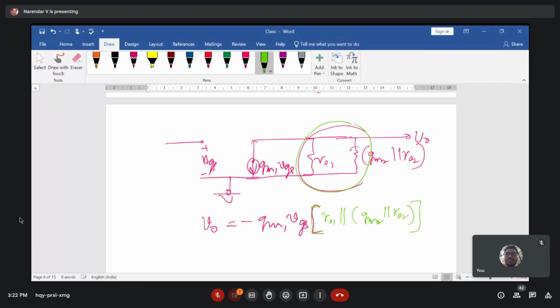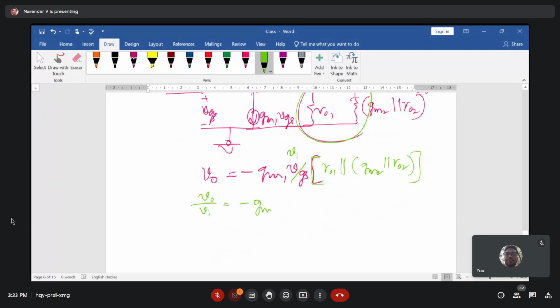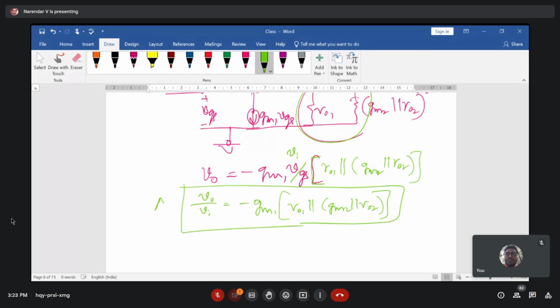This is what you can see, right? And VGS is equal to V input, so you can replace this with V input. So V out by V in is equal to minus GM1 into R01 parallel with 1 over GM2 parallel with R02. This is the gain of your circuit, which gives you the AV value.